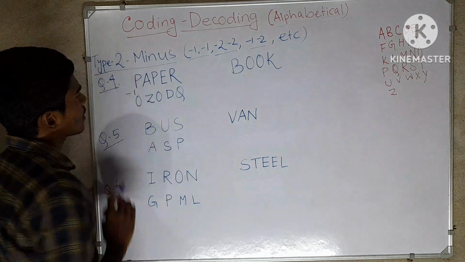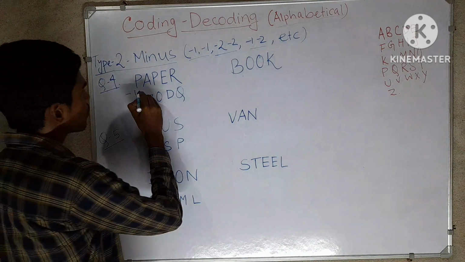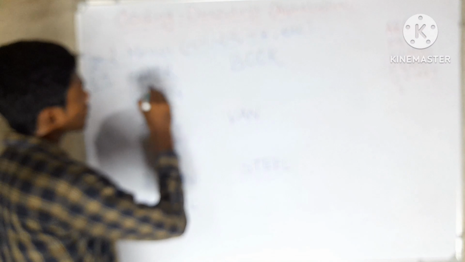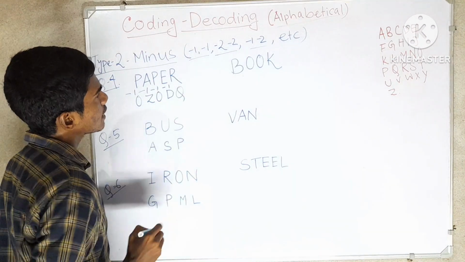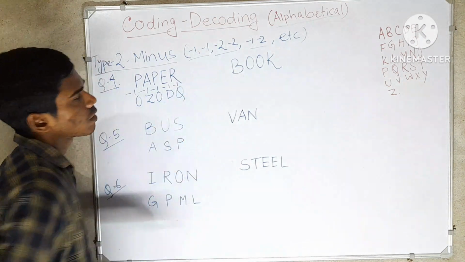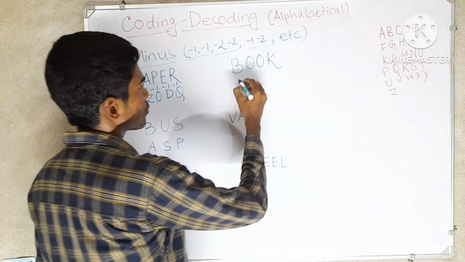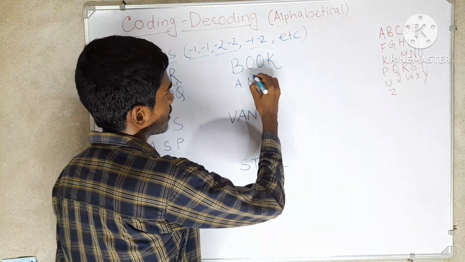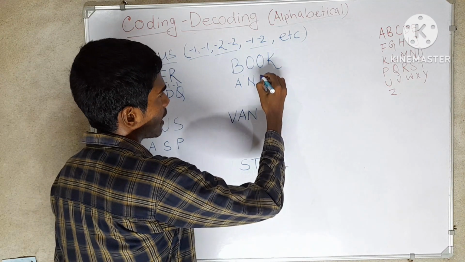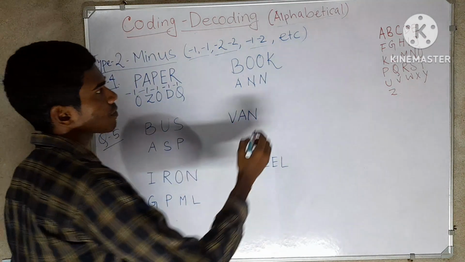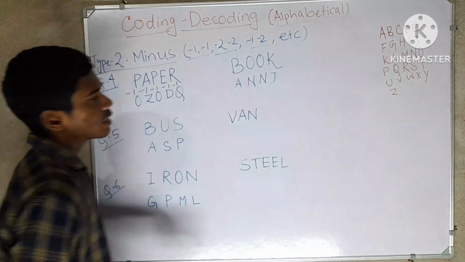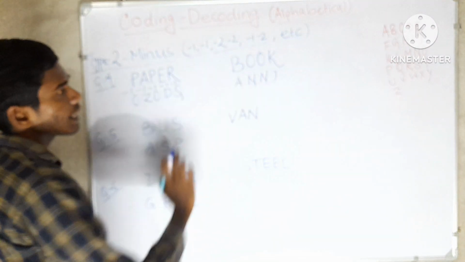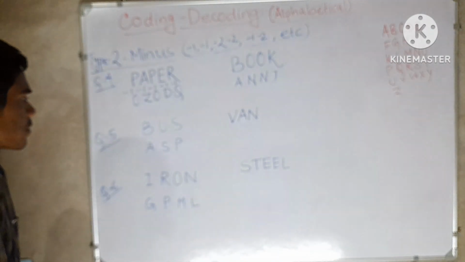P - 1 is O, A - 1 is Z, P - 1 is O, E - 1 is D, R - 1 is Q. Similarly, B - 1 is A, O - 1 is N, O - 1 is N, and K - 1 is J. So the code for book will be ANNJ.